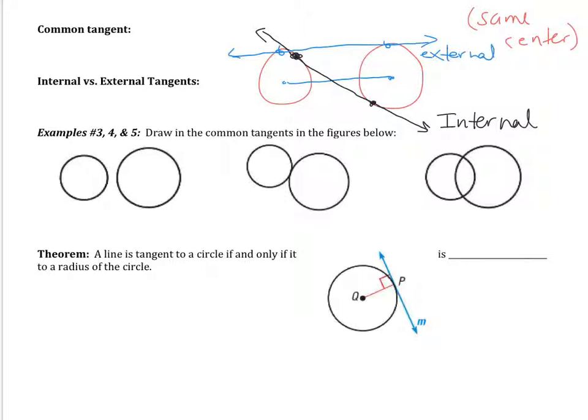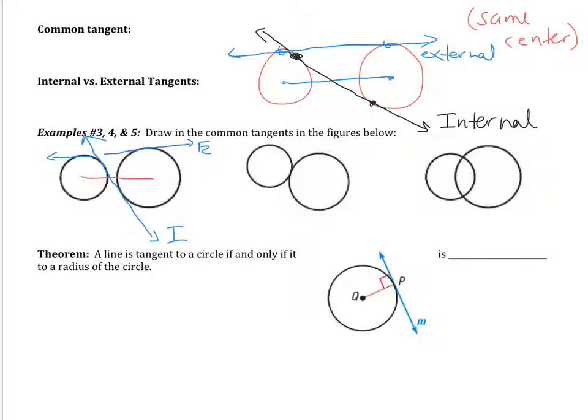I see on this one, you got your external tangent here, and then some people are just drawing it so it simply touches and then touches. So then you've got your internal tangent here, and some of you are even drawing the line from center to center, showing that it intersects.